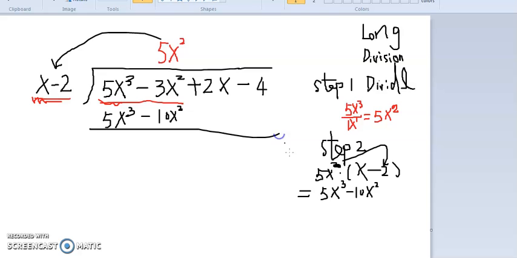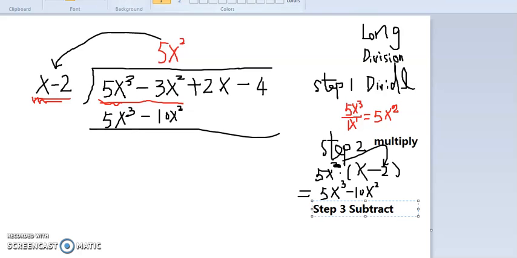Now in the last step, step 3, we're going to do subtraction. And when we do subtraction, we need to be very careful. So we can put a minus sign here to remind us. So there's a minus sign here, and there's a minus sign here. We're doing 5x cubed minus 5x cubed, and we know it's a 0, or you can omit it.